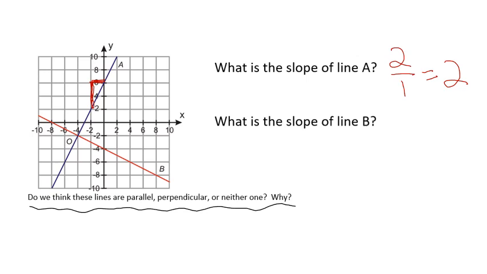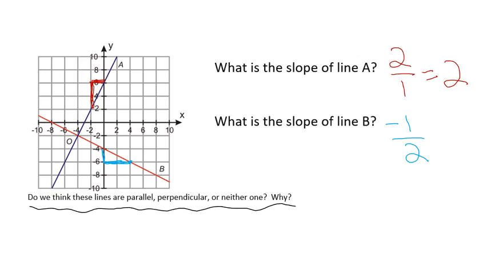But line B is totally different. Line B is someone sliding down the hill here. I don't have 2 good points. Let's see. Yes, I do. I'm going to do this point, and I'm going to do this point. So down 1 and right 2.